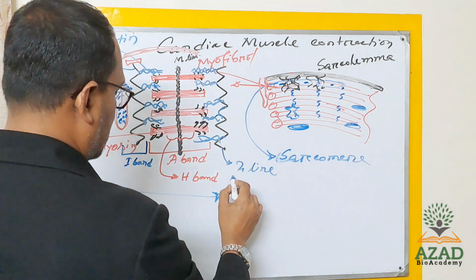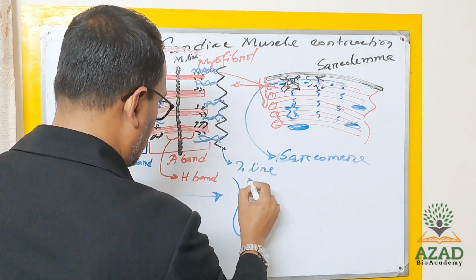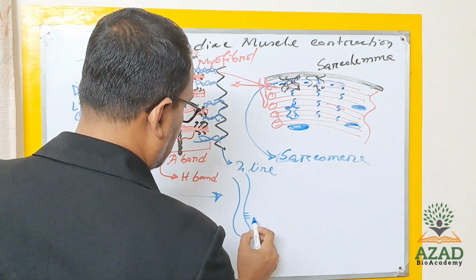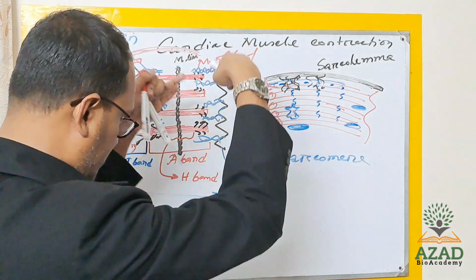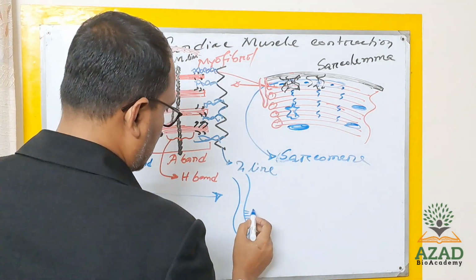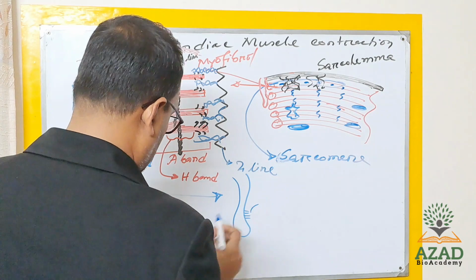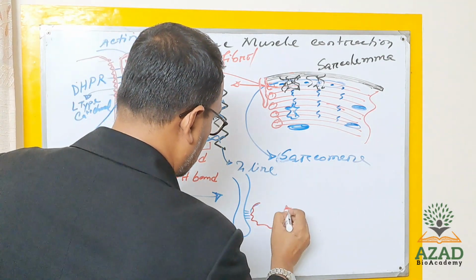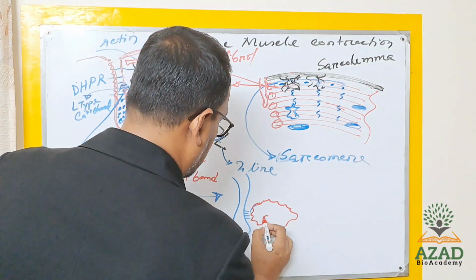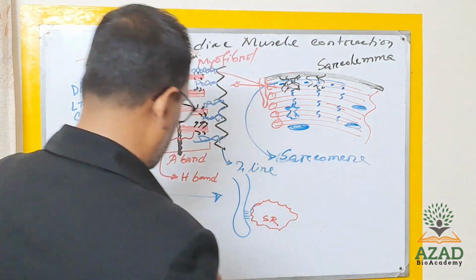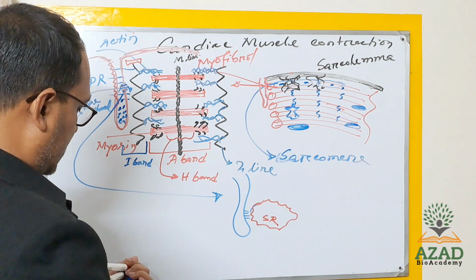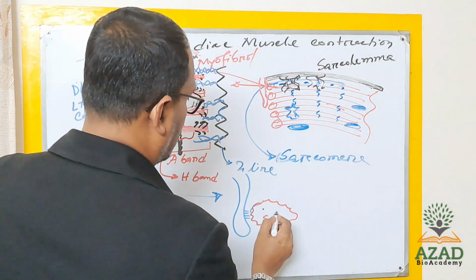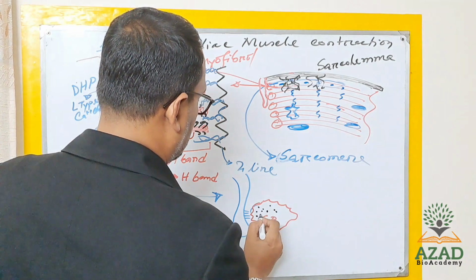So this is your T-tubule, and here it is incorporated into the cell. Over there, the sarcoplasmic reticulum is present, and the sarcoplasmic reticulum basically carries calcium.